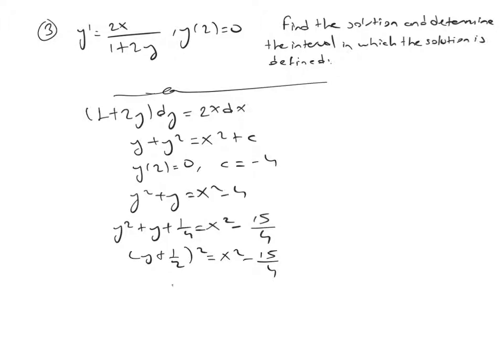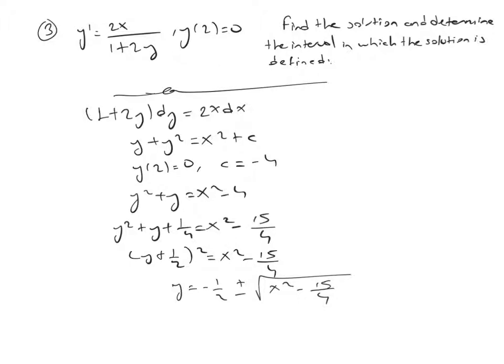So y is equal to minus half plus or minus square root of x squared minus 15 over 4. If we use the initial condition, which is y(2) is equal to 0, we will see that we can only use the plus sign here, not minus.